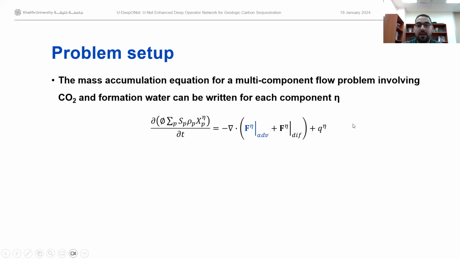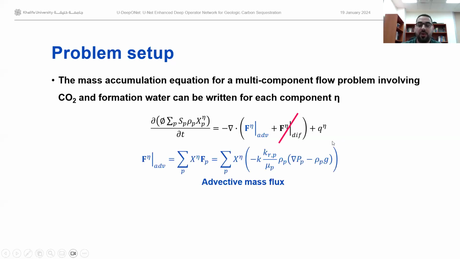Now, for the diffusive term, we actually discard it from the equation, and instead we rely on the numerical errors and the diffusion from the discretization of the equation. And for the advective term, we solve it using the Darcy equation, also per component eta.